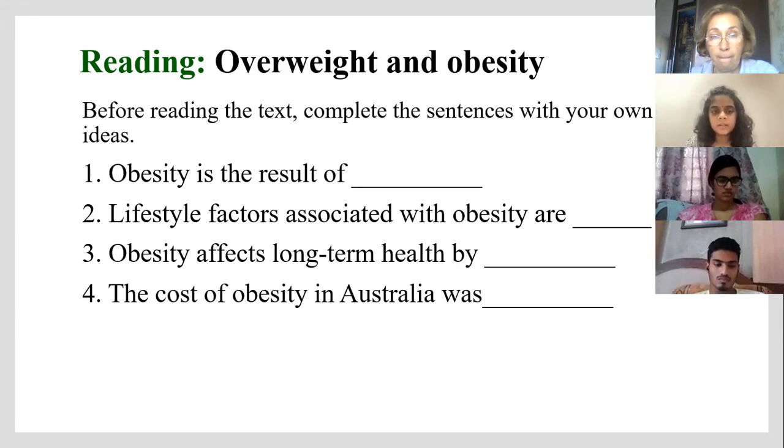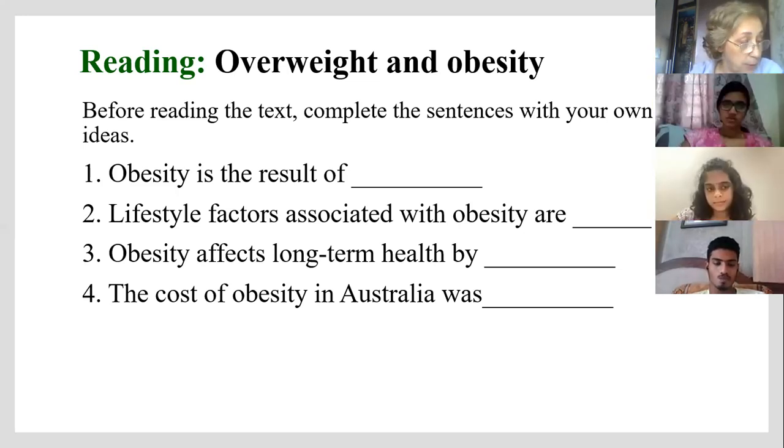Obesity is the result of having unhealthy food habits. Okay. Any more ideas? Overeating. Sometimes hereditary. And not having an active lifestyle. Exactly. Okay. So the next sentence, Afnan, please.